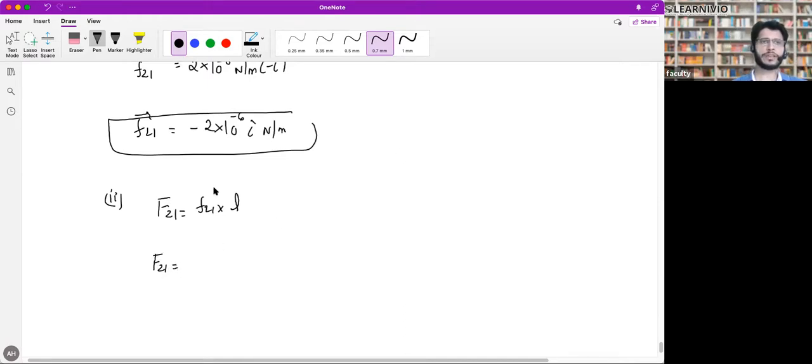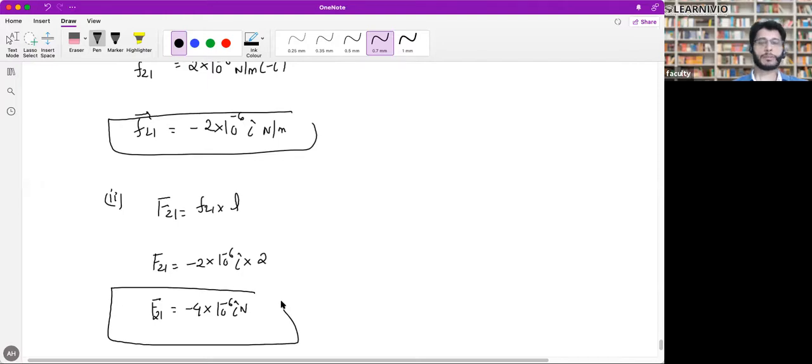So F21 is minus 2 into 10 raised to the power minus 6 i cap multiplied by L, which is 2. So the answer is minus 4 into 10 raised to the power minus 6 i cap. It won't be Newton per meter now, it will be Newton. Earlier that was force per unit length, that's why I wrote Newton per meter, but now it's the total force.